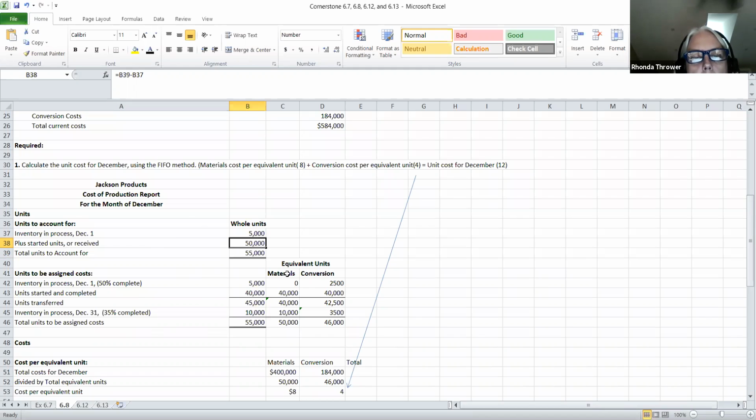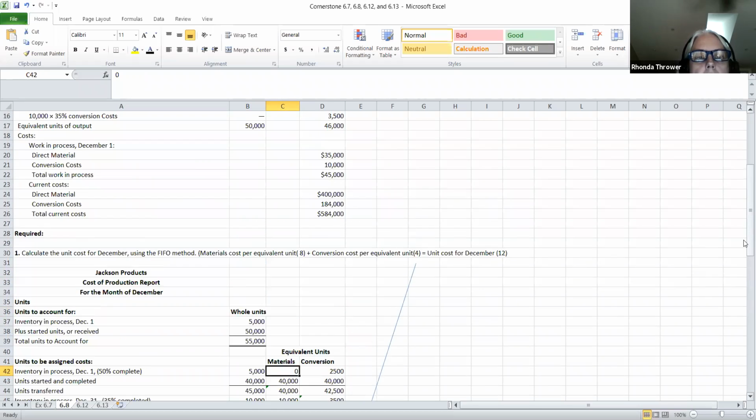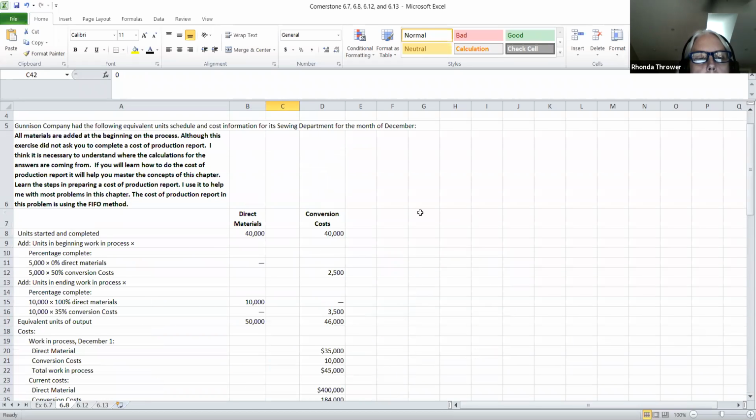The next step is to compute the equivalent units. We break equivalent units down into materials and conversion. See the two different columns? The equivalent units are the units that we could have finished, but we didn't during this period of time. It's what we could have completed during this period of time. What we do know about the materials, what was given in our information, is that 100% of the materials are added at the beginning of the process.